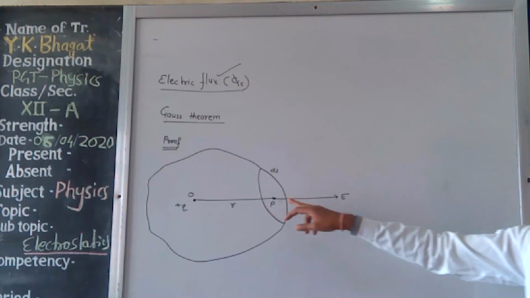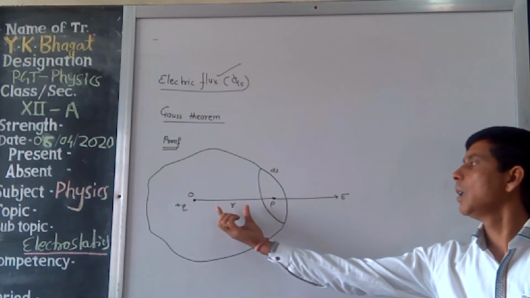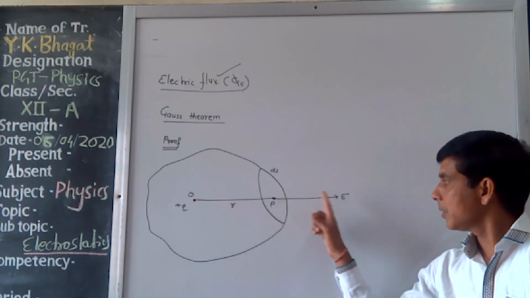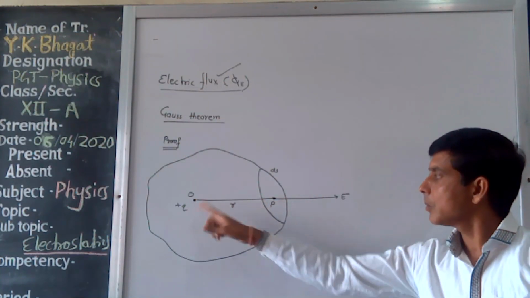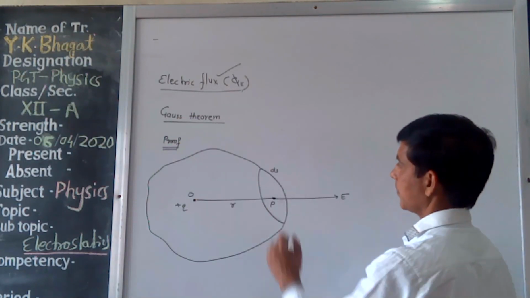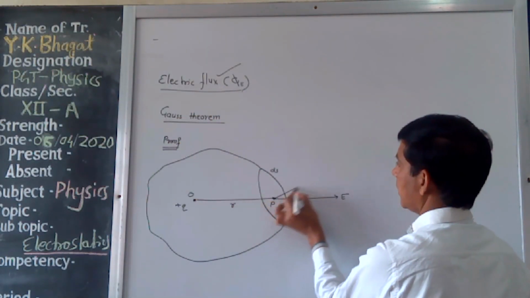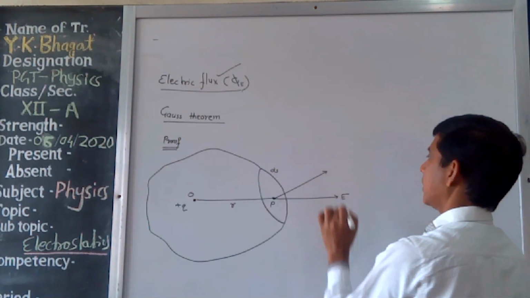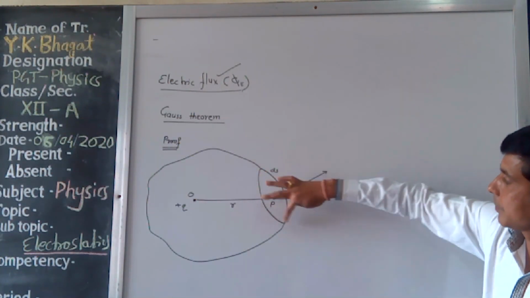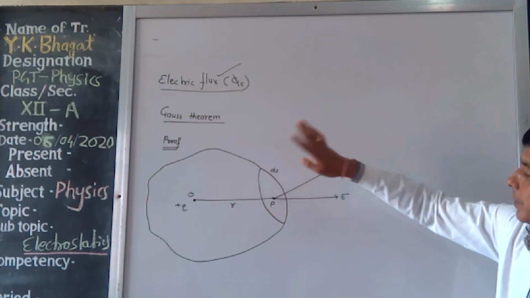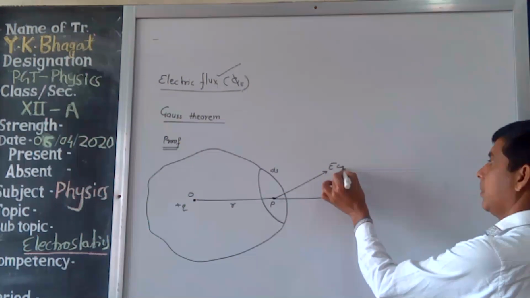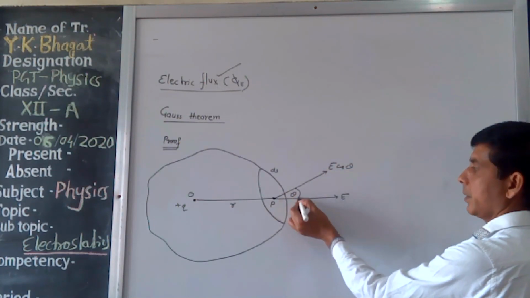E is the intensity at point P, at distance r, due to the plus q charge, and this will be the normal of that small area. Its component will be E cos theta, if theta is the angle between them.